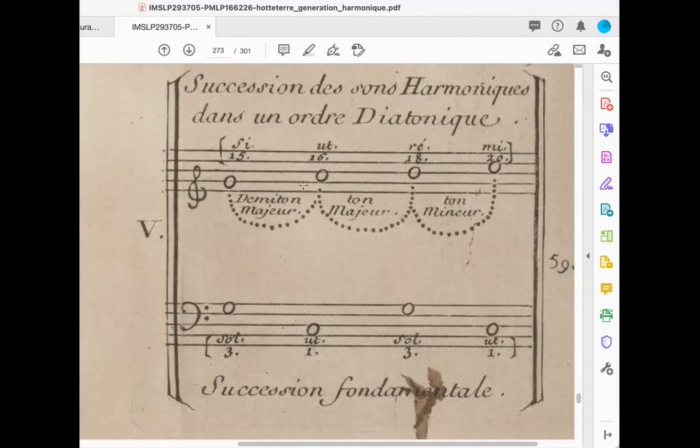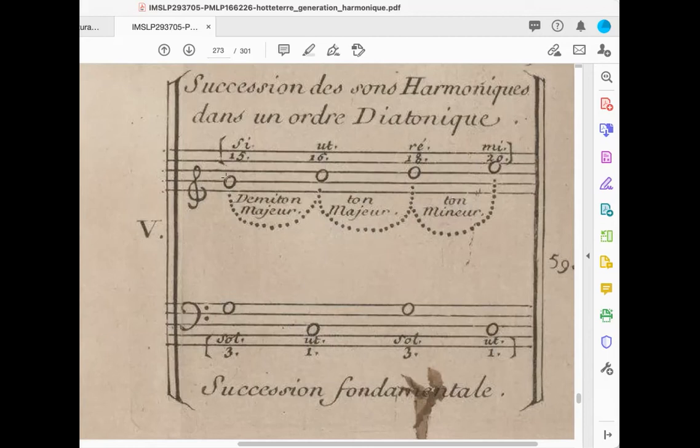And this is the one that was called the syntonic diatonic, described by Ptolemy, and then again used by Zarlino, with a pure major third occurring between the second note here and the third note, so C to E, and then two different sizes of whole step, namely the major tone, as Rameau calls it. This is 16 to 18, or in reduced form, 8 to 9, and then the minor tone, which is 9 to 10. Okay, and these together come from this fundamental succession.